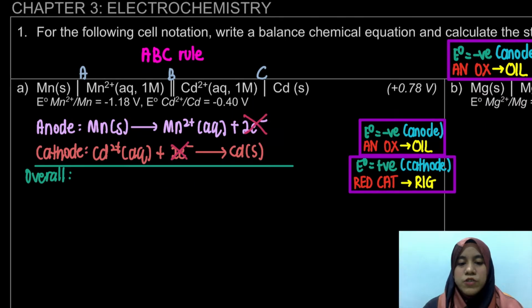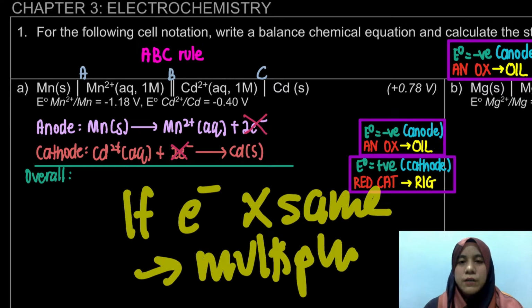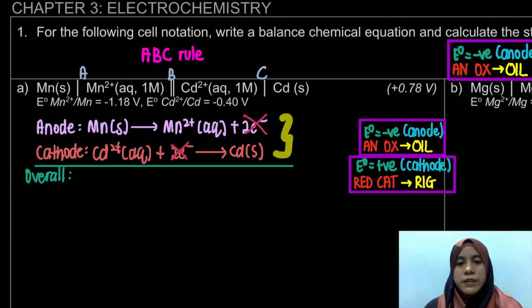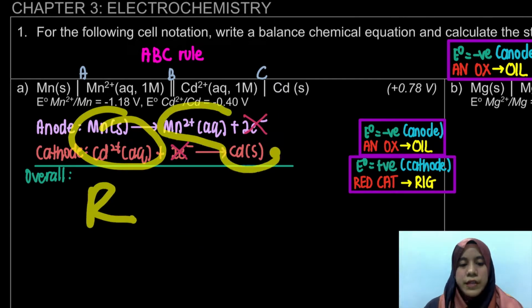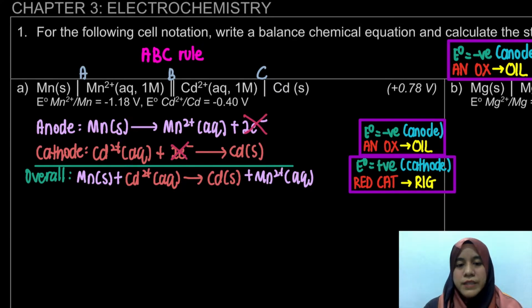If the electrons are not the same, you have to multiply all the values, all the stoichiometry, to get the same number of electrons. Now I'm going to combine all the reactants on the left side, and the product is on your right hand side. This is the overall chemical equation or the balanced chemical equation, the answer to the first question.